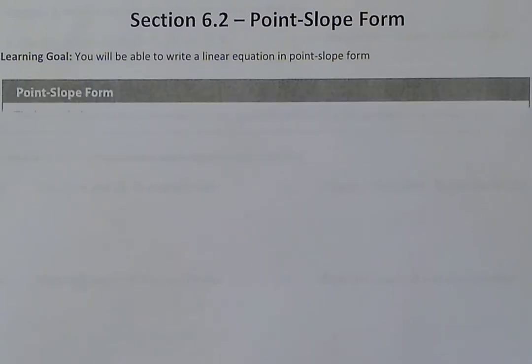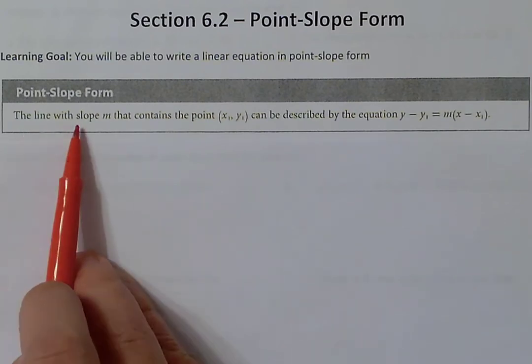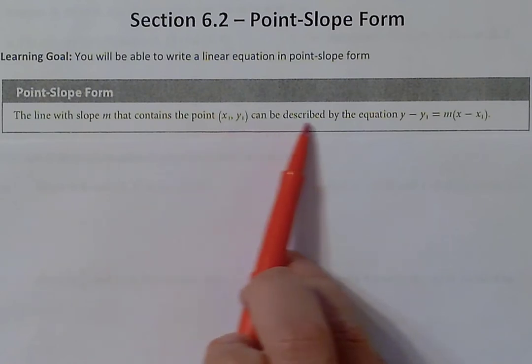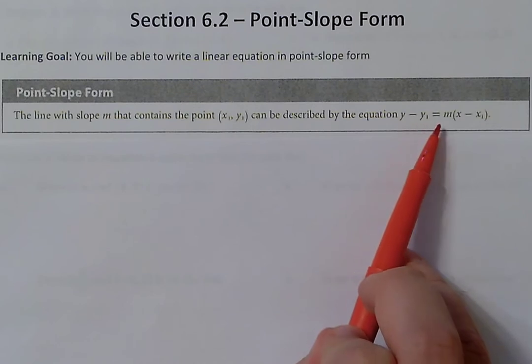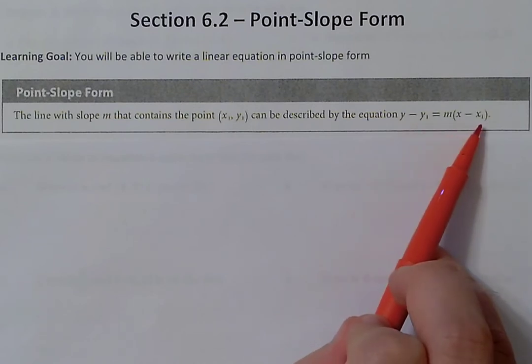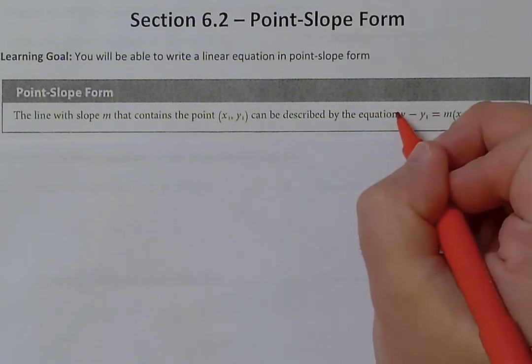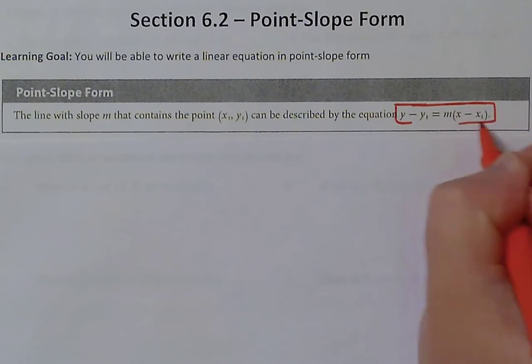So point-slope form states this: the line with slope m that contains the point x1, y1 can be described by the equation y minus y1 equals m times x minus x1. And that is point-slope form, and that is going to be the form we write equations in today.